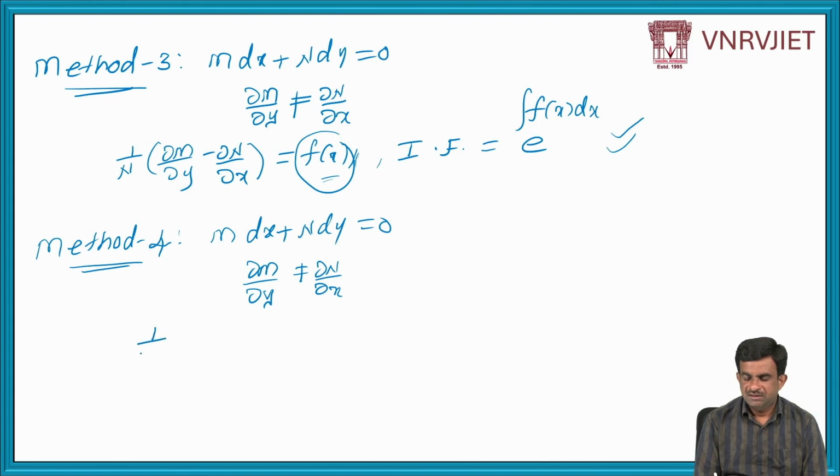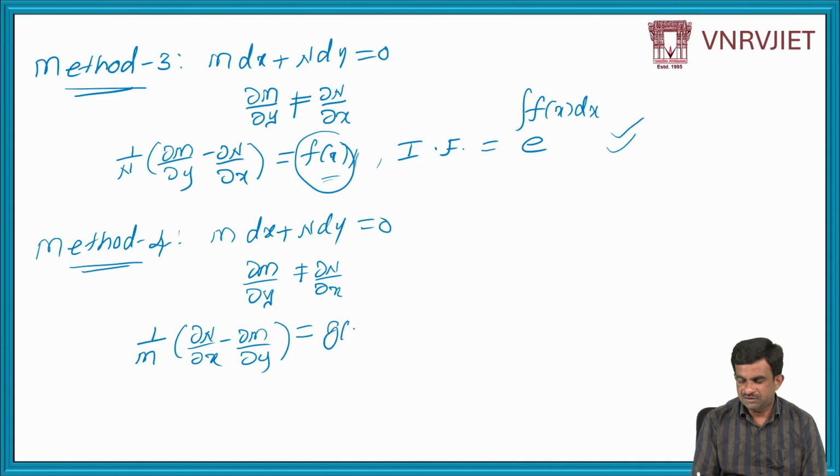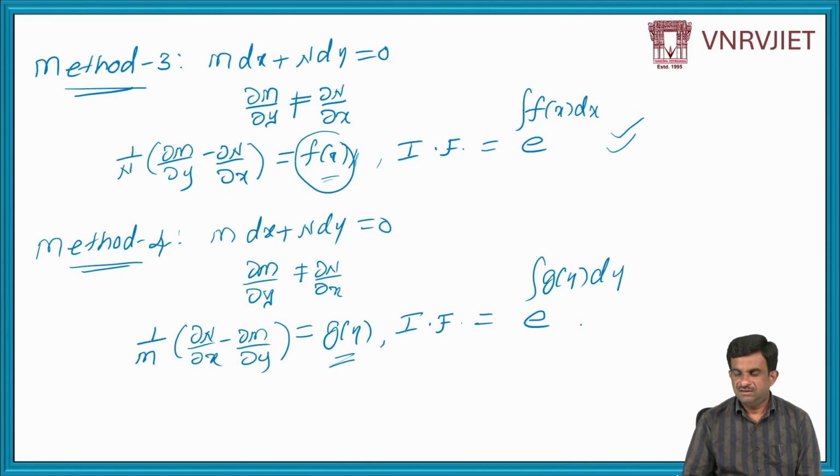But if the expression (1/M)(∂N/∂x minus ∂M/∂y) comes out as some function of y, then we take the integrating factor as e to the power of integration g(y) dy. Here this is a function of y, g(y).